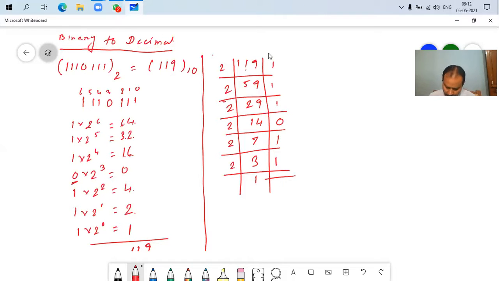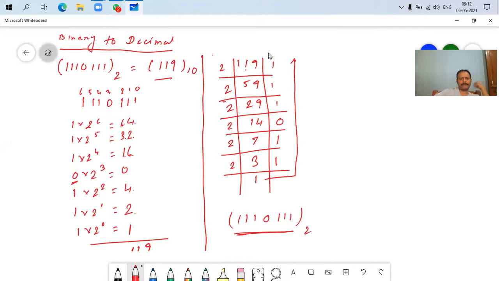So we write it in reverse order. So what we get? 1, 1, 1, 0, 1, 1, 1. That means our calculation over here is correct. So this way, sometimes you need to verify your answer, whether you did it properly or not.